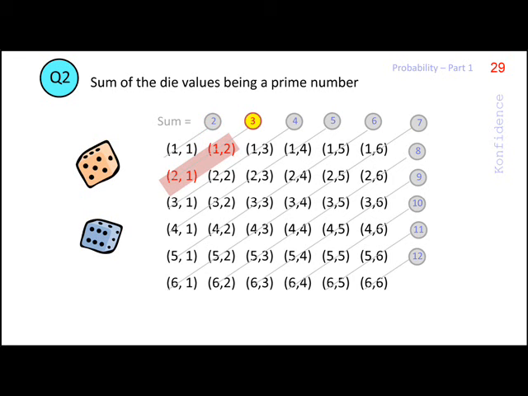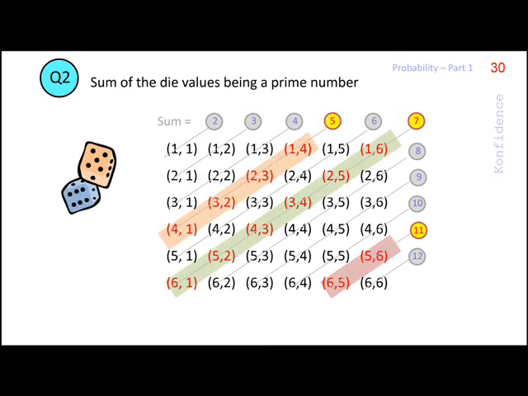It could happen with 1 in die 1 and 2 in die 2, or with 2 in die 1 and 1 in die 2. Similarly, as shown in the figure, the sum can be 5 in 4 different ways. The sum can be the prime number 7 in the case of 5 different outcomes, and the sum of die values can be 11 in 2 different ways.